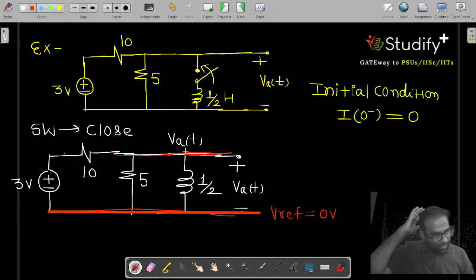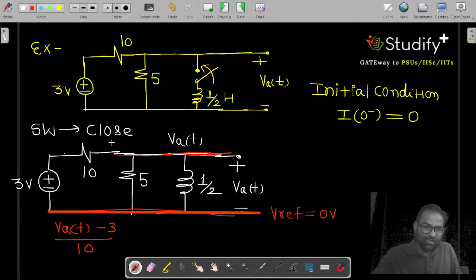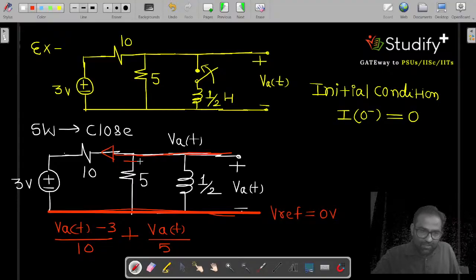Now I am interested in writing KCL. KCL is given by VAT minus 3 divided by 10, which is the current in this direction, plus VAT divided by 5, which is the current in the 5 ohm resistance, plus 1 by L integration of V dt. 1 by L means 2 times the integration of VAT into dt.